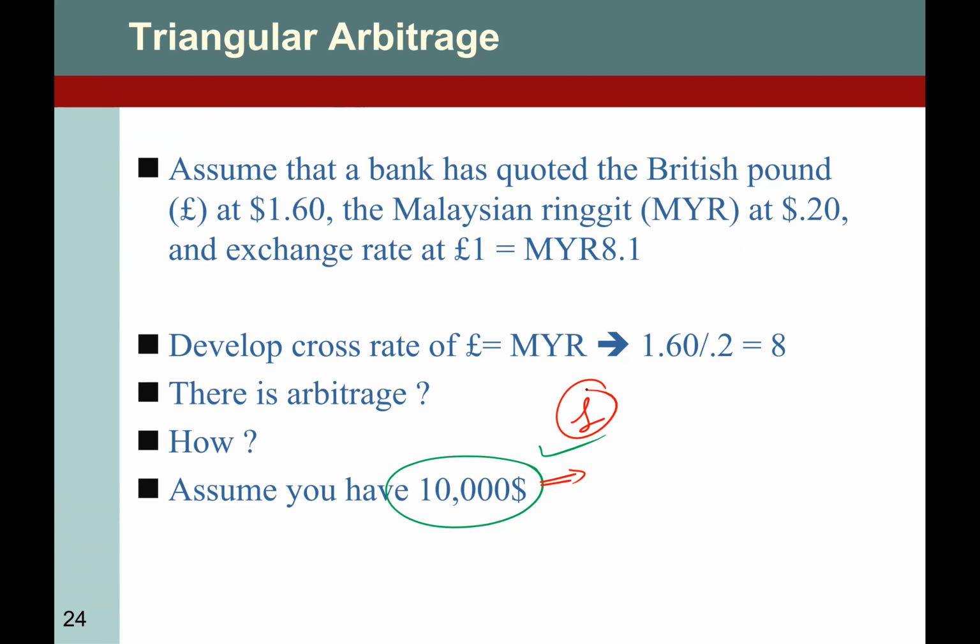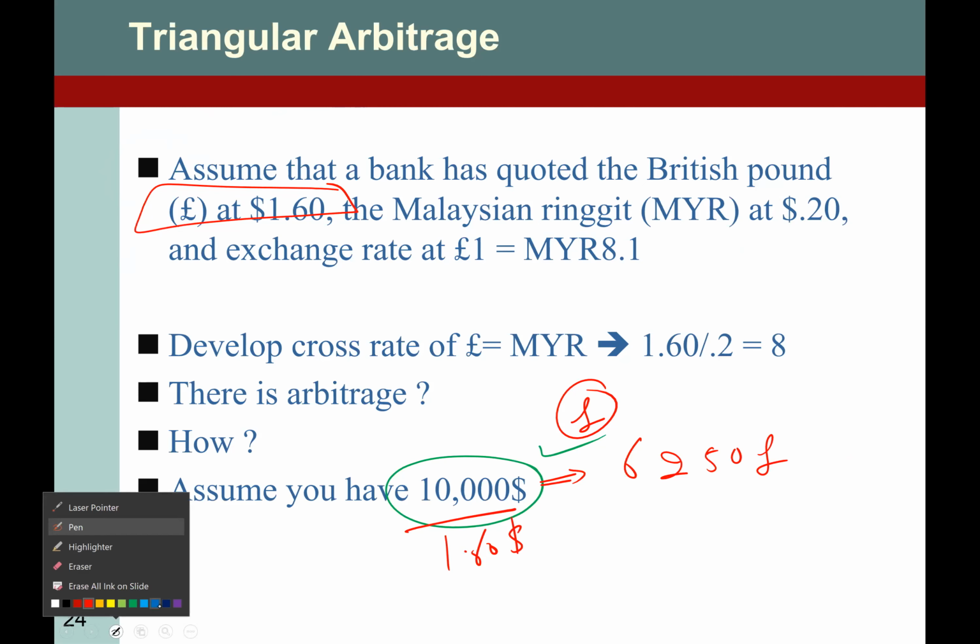What is the pound rate? 1 pound is equal to $1.60. The answer would be 10,000 divided by 1.6, which is 6,250 pounds.